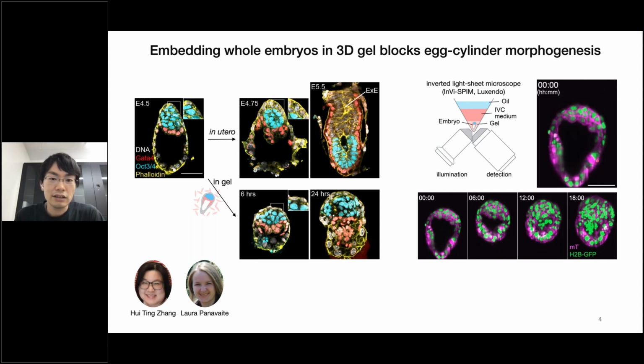And as you can see here, the inside tissues containing the epiblast mass undergo proliferation, but the outer layer of trophectoderm is still a single layer, and they don't form the EXE. So therefore, embedding whole embryos in 3D gel broke the egg cylinder morphogenesis, and we needed to investigate further to know why it didn't work.